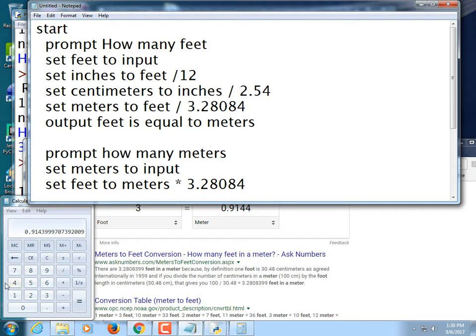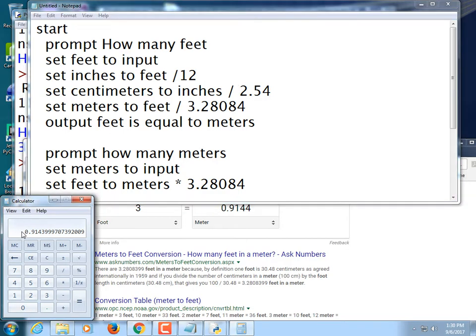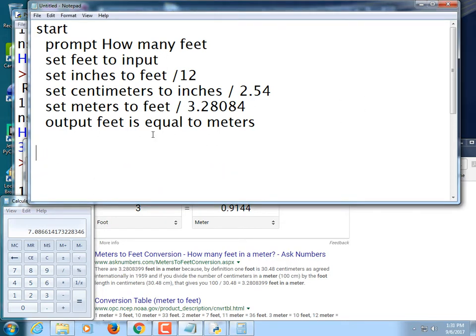Okay, centimeters to inches. So let's test this. So if I have 18 centimeters, and I want to divide it by 2.54, should be 7 inches. Wait, I'm so confused. Okay. We have 18 centimeters.